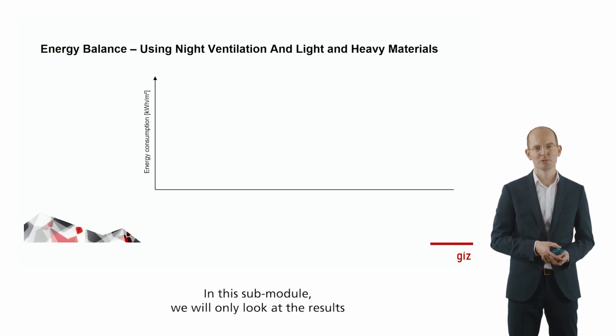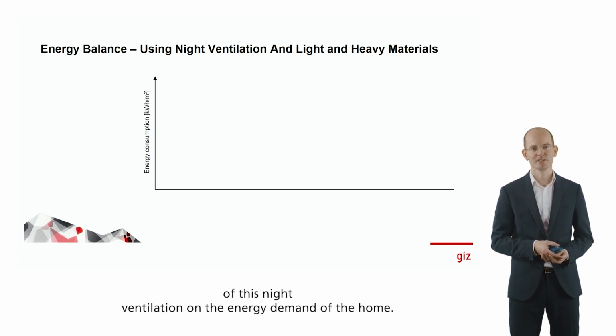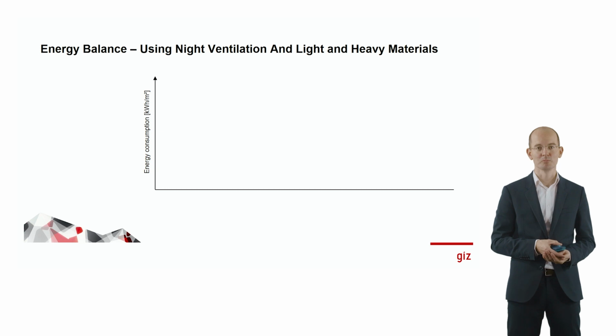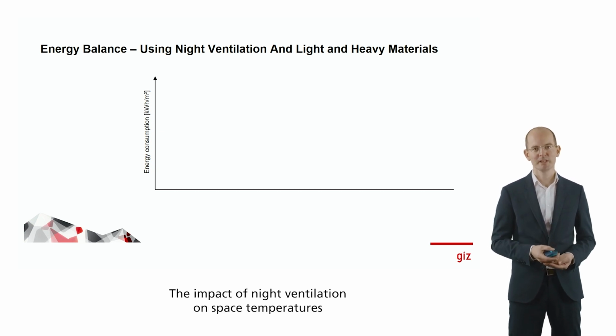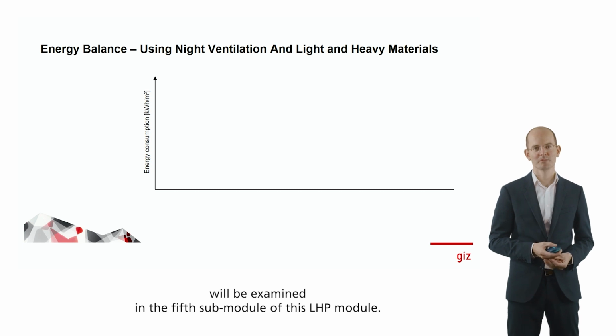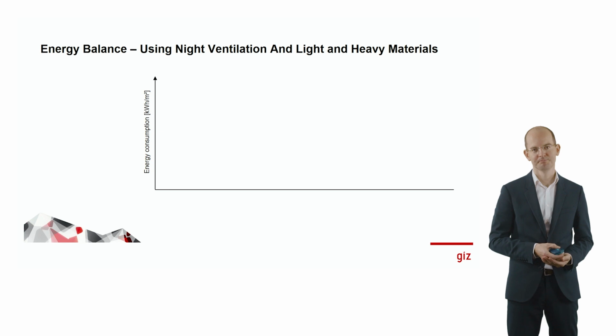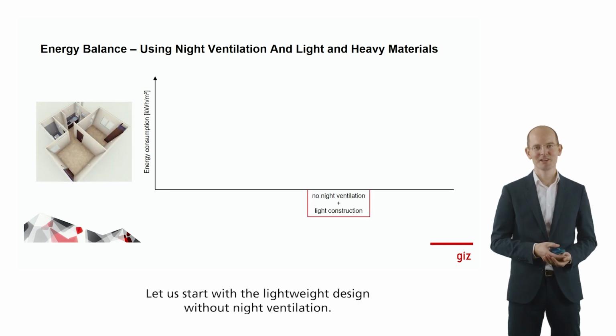In this submodule, we will only look at the results of this night ventilation on the energy demand of the home. The impact of night ventilation on space temperatures will be examined in the fifth submodule of this LHP module. Let us start with a lightweight design without night ventilation.